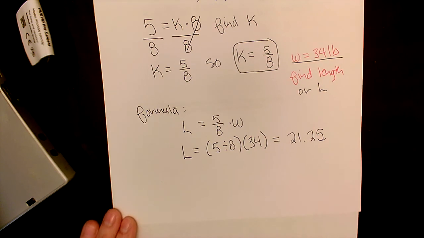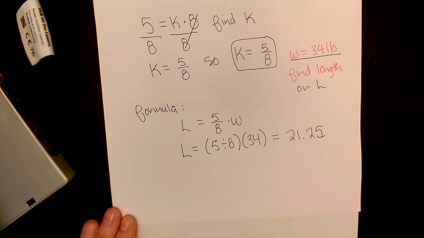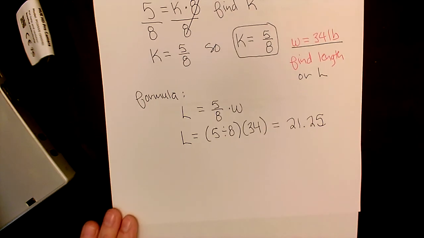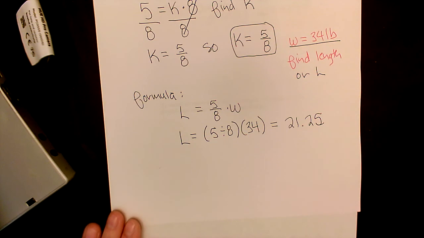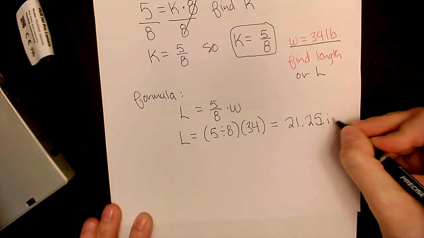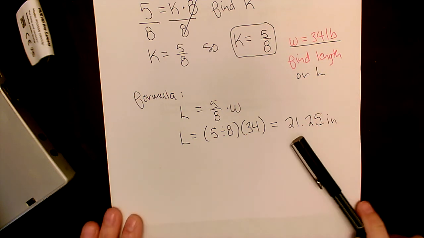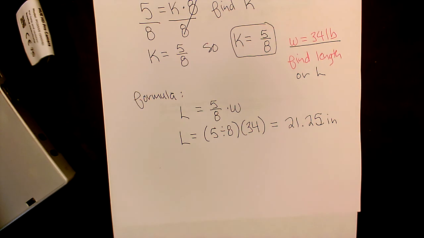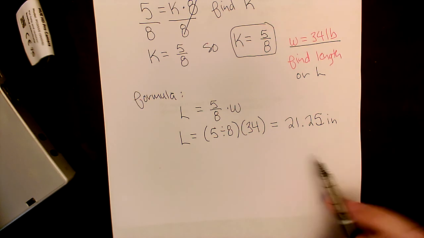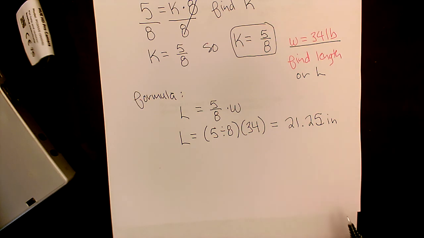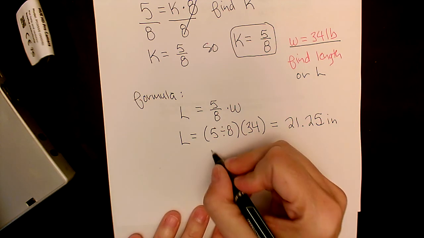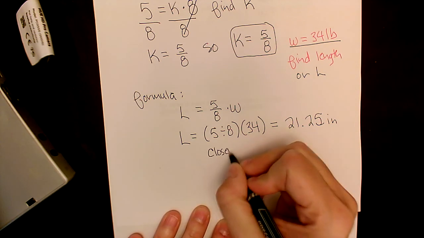And they want you to round off your final answer to the nearest inch. So this is in inches. Would this be closer to 21 inches? This is like 21 1/4. So is it closer to 21 inches or 22 inches?